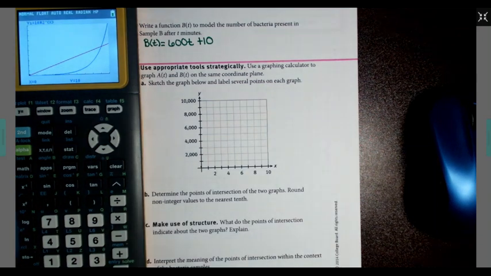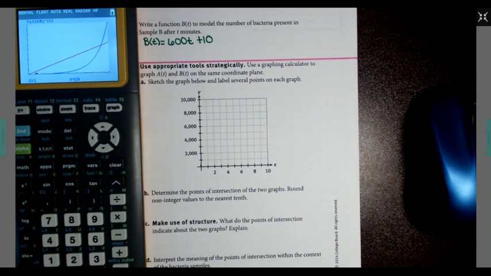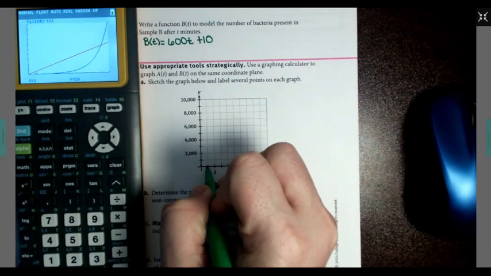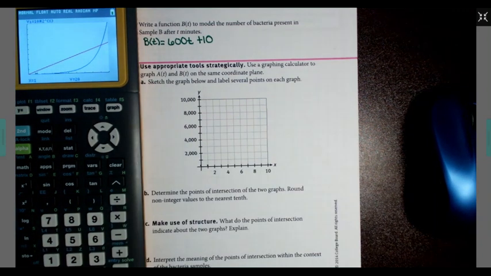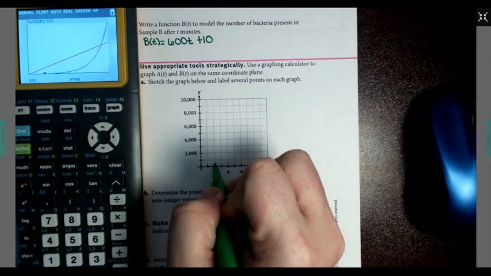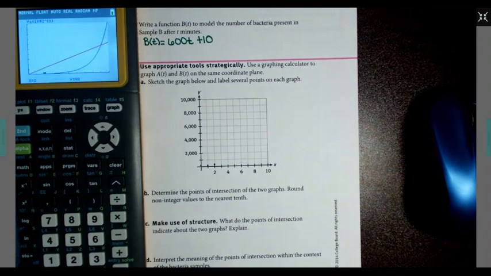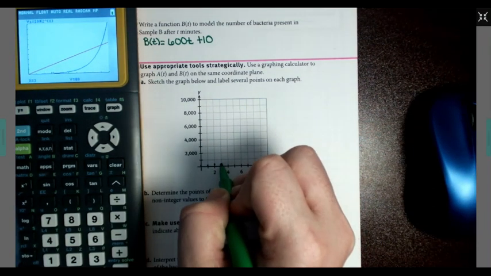Then I'm going to trace 1. At 1, we had 20. At 2, we had 40. At 3, it was at 80.